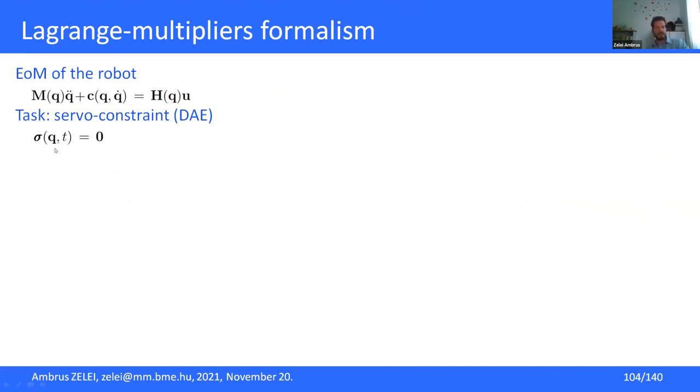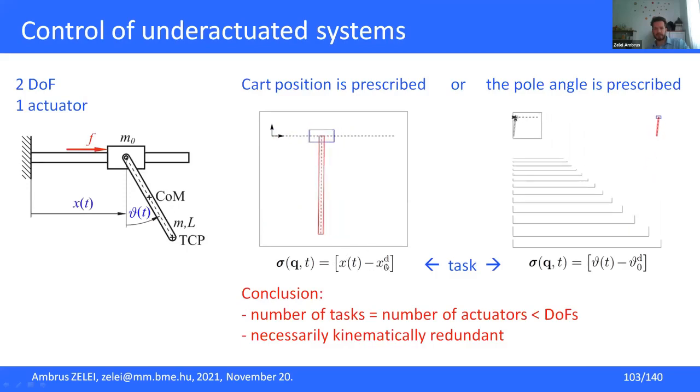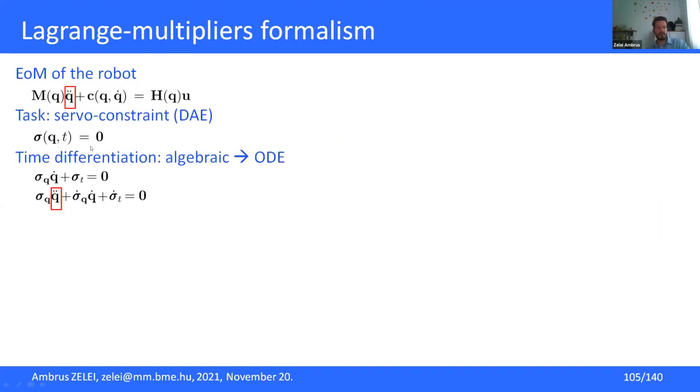And we also introduce an equation, the servo constraint equation we have seen here. So here we define what is the task of the robot. The coordinates, for example, must be equal to the desired coordinates. So this is just an algebraic equation. But we don't like algebraic equations together with differential equations because it's mathematically problematic.